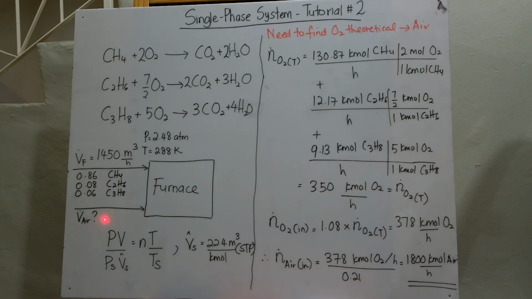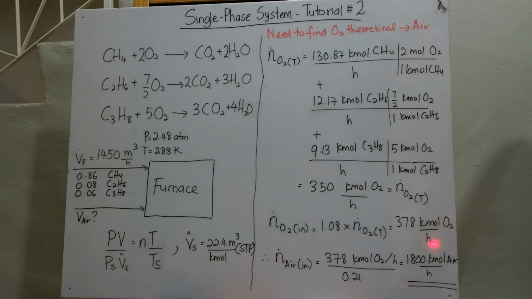However, we are given the information that our air is 8% in excess. Therefore, in order to find the actual molar flow rate of air, we have to do the next calculation. The molar flow rate of oxygen in is equal to 1.08 times the theoretical oxygen.